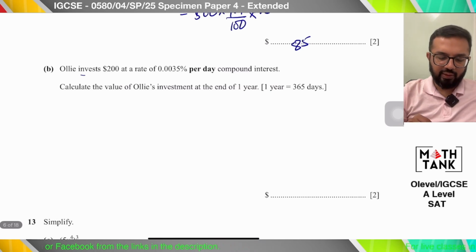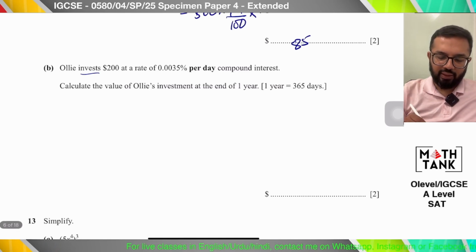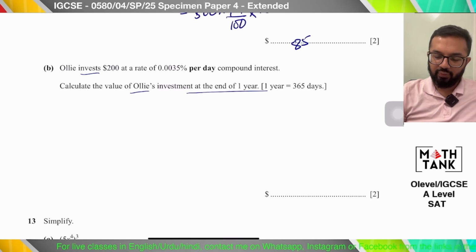Okay, the next says Ollie invests $200 at a rate of 0.0035% per day compound interest. Calculate the value of Ollie's investment at the end of 1 year.